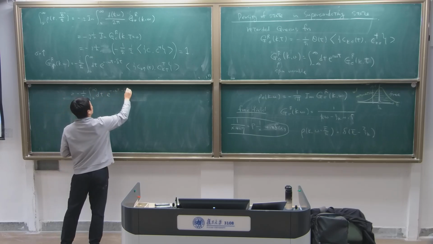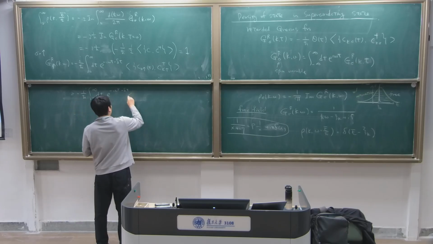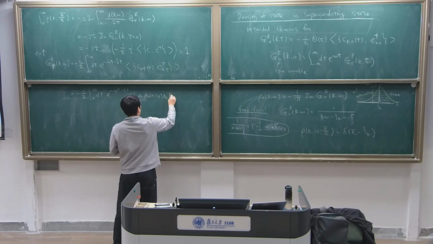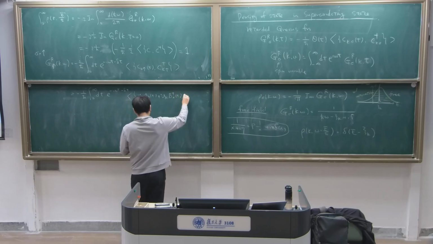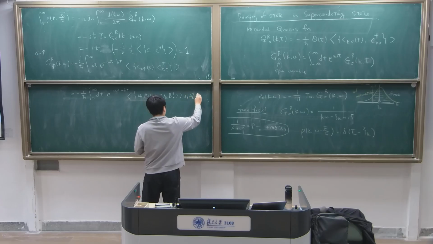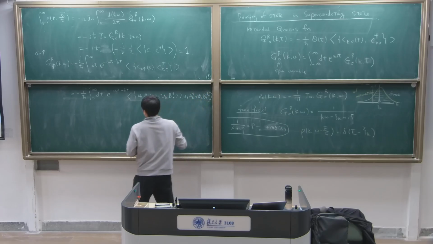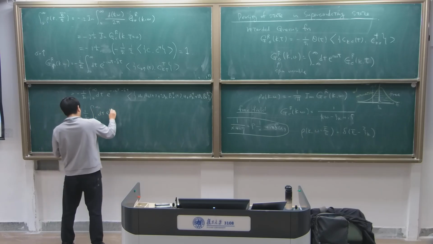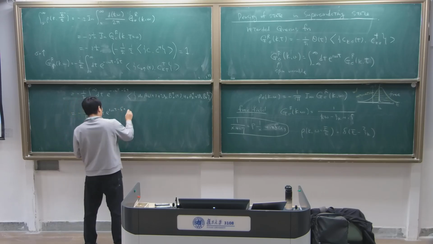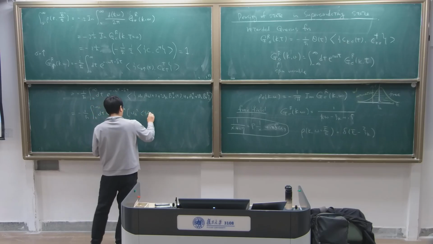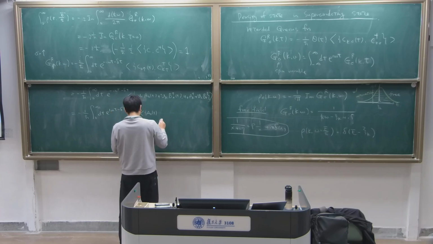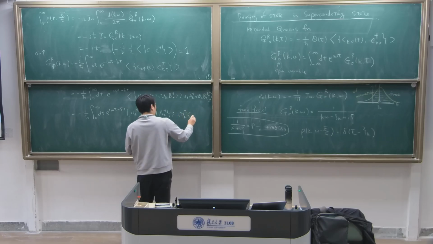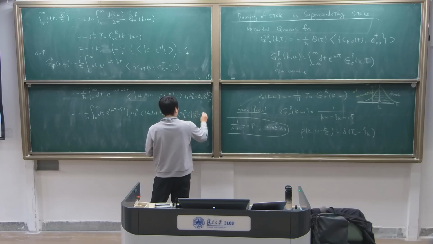So I just change the basis. The momentum operator is equal to u_k gamma_k plus v_k gamma dagger, and its dagger is u_k gamma dagger plus v_k gamma. If you compute this, what you get is an integral of e to the i omega t times the square terms and then the dagger terms.